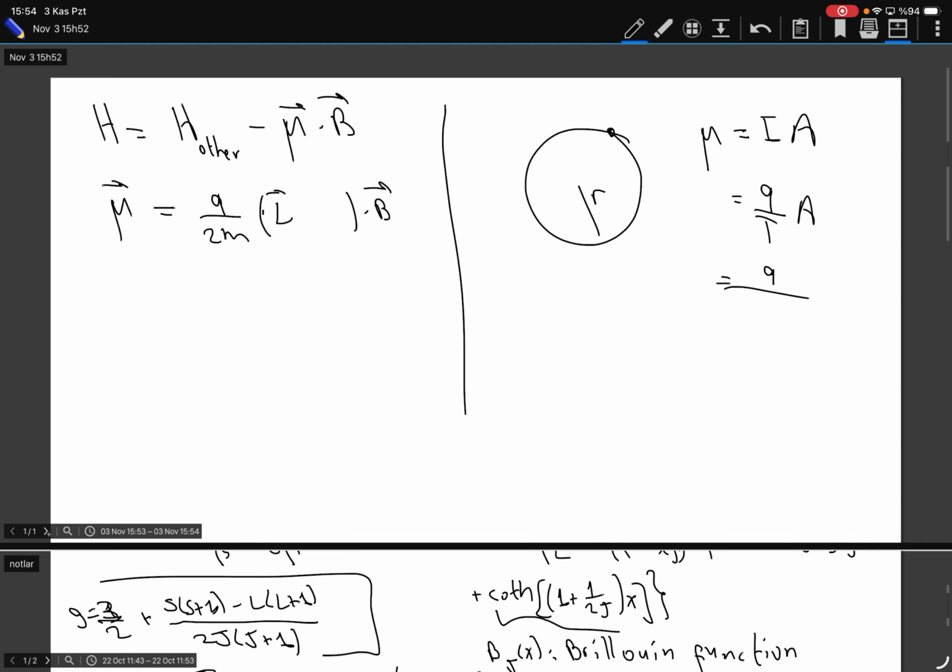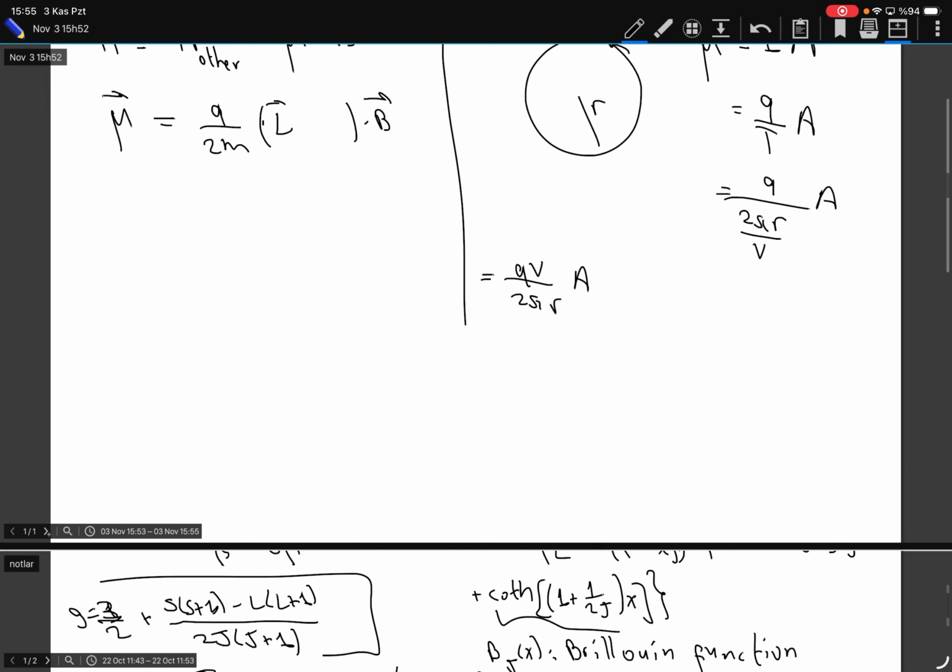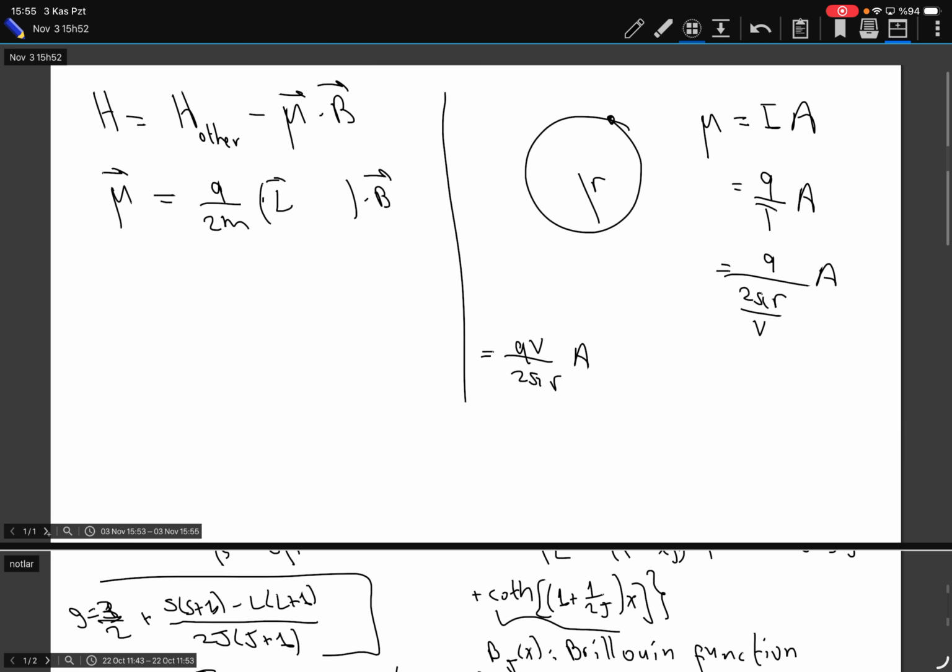The period, well, it is covering a distance 2 pi r with a speed v. This is the period of rotation, times the area, which will be qv over 2 pi r times A. This A is pi times r squared, the area of the loop. Well, the pi's cancel, and I can cancel the r's.